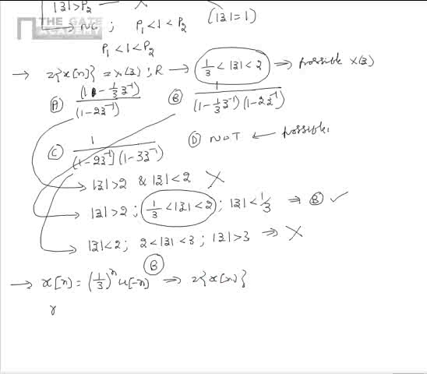We know that if x1(n) = 3^n u(n), then the z-transform of x1(n) is 1/(1 - 3z^-1) with the ROC as |z| > 3.